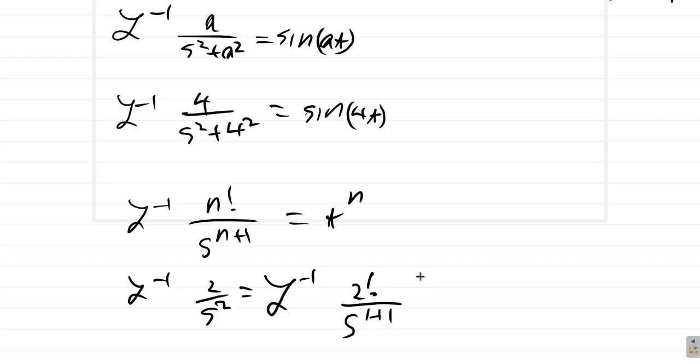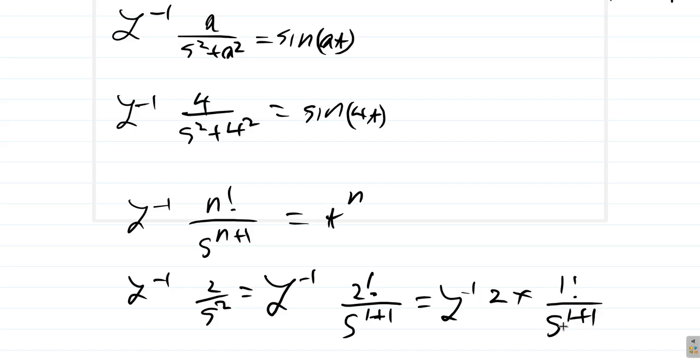Now, you want it as n factorial over s to the n plus 1. This can be written as 2 times 1 factorial over s to the 1 plus 1.